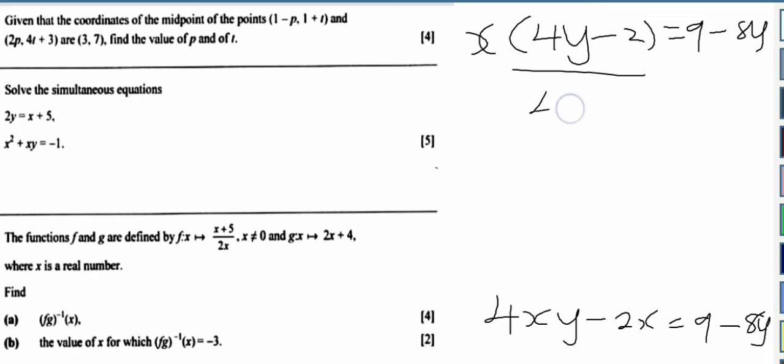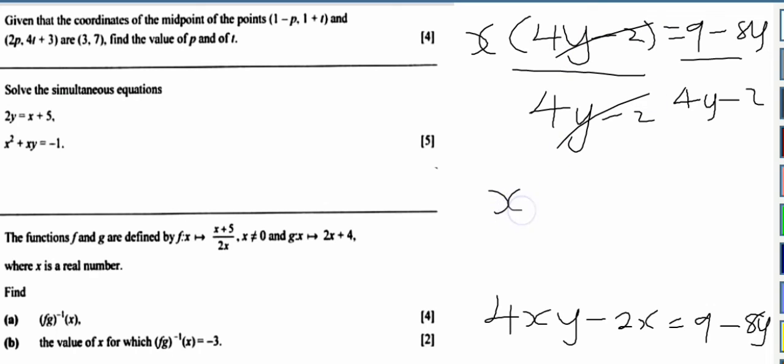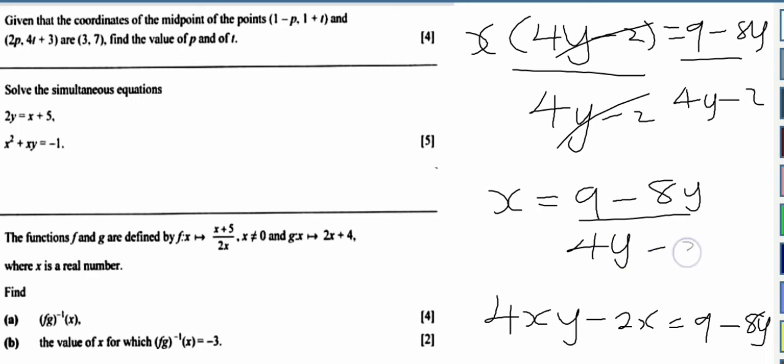Then I'm going to divide by 4y minus 2, even here 4y minus 2, so this one and this one are going to cancel each other. Then x is going to be equal to 9 minus 8y divided by 4y minus 2. Since here we are finding the inverse, which means where we are having y, we are just going to put x in.